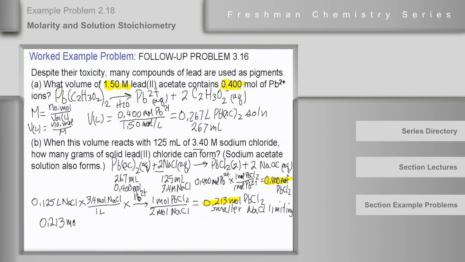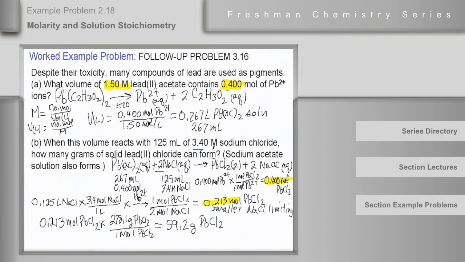0.213 moles of PbCl2 times, now the molar mass of PbCl2 is 278.1 grams PbCl2 per 1 mole of same, and that gives us 59.2 grams of PbCl2, starting with 267 milliliters of the lead acetate solution, 1.5 molar, and 125 milliliters of 3.4 molar sodium chloride.